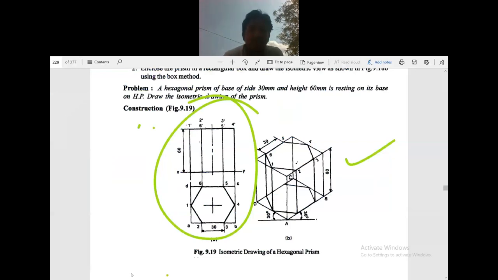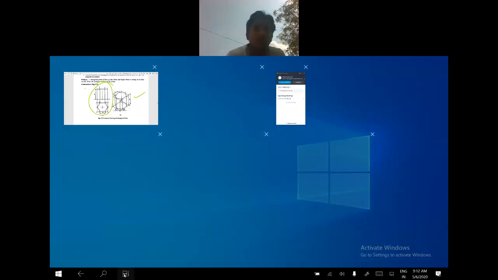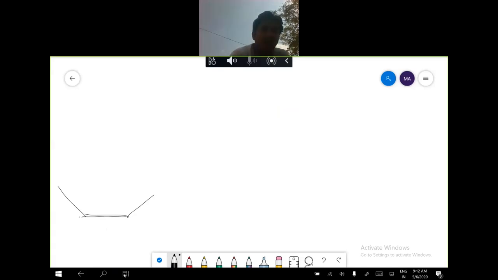So with the given side as 30, I am drawing the hexagon. Here I am taking the angle 120, 120. Cut 30, 30 here. After that, I am drawing one line here. From here I will cut 30, 30. I am joining this one.